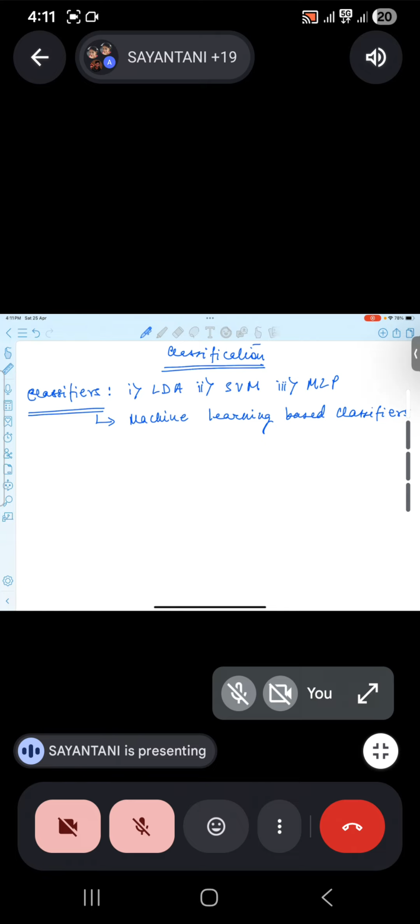Because to perform this classification task, you need to go for feature extraction and, if necessary, feature selection. This has to be done by the user separately, and you have to provide either the extracted features or selected features as an input to the classifier.